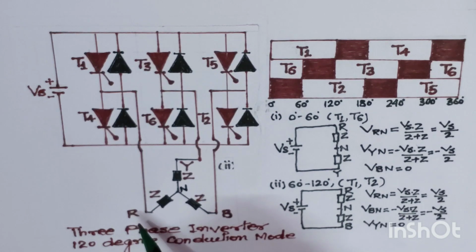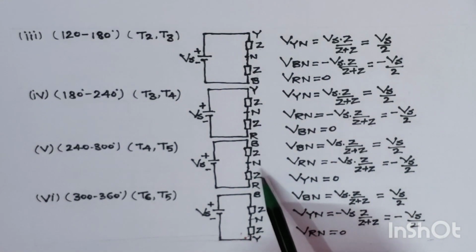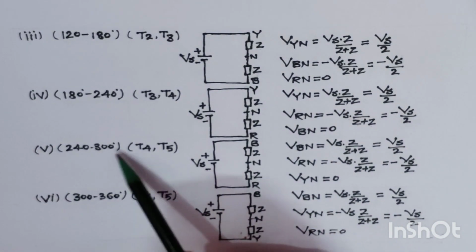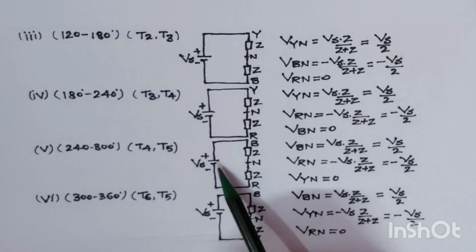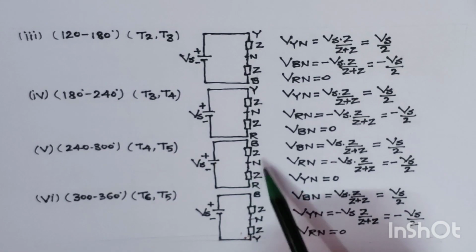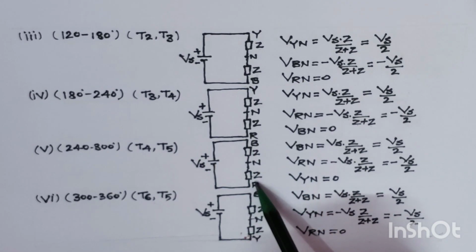It means the R and B phases are connected. So we will draw the equivalent diagram. Just see here, this is thyristor T4 and T5, and this is the positive supply. This is the B phase and this is the R phase. In between we have the impedances.